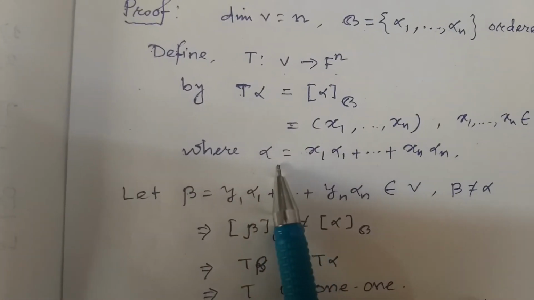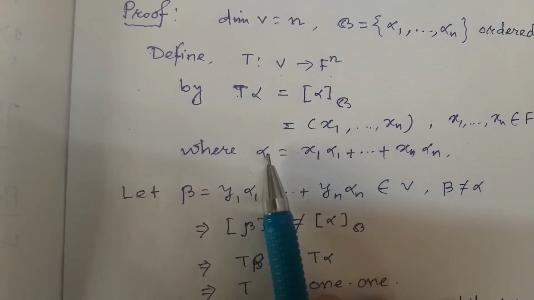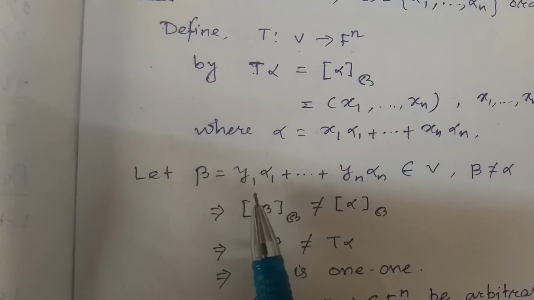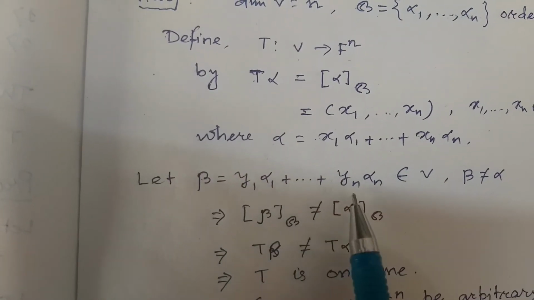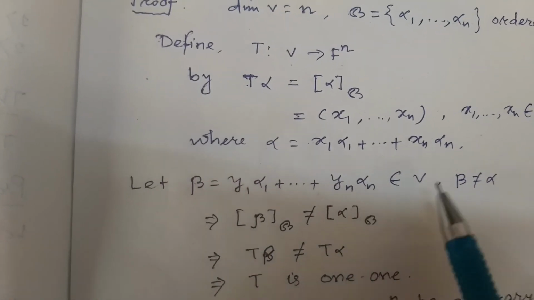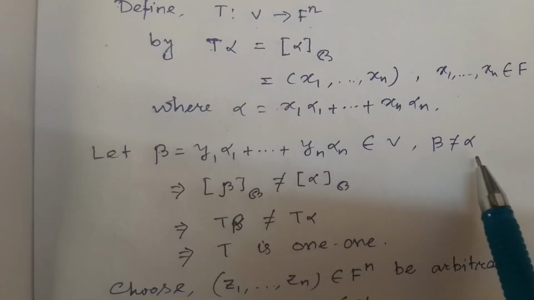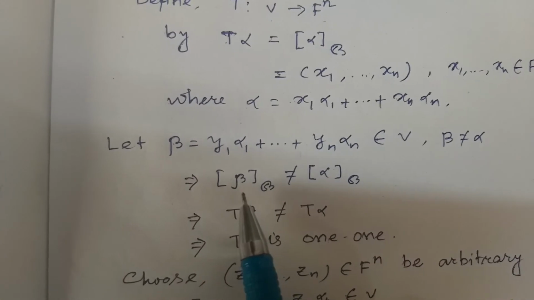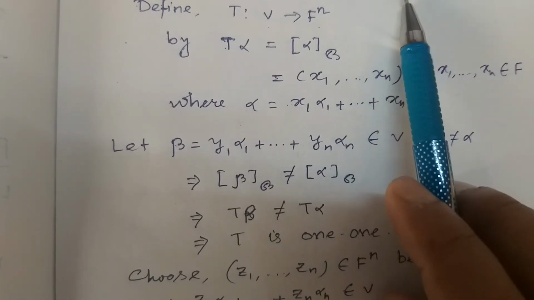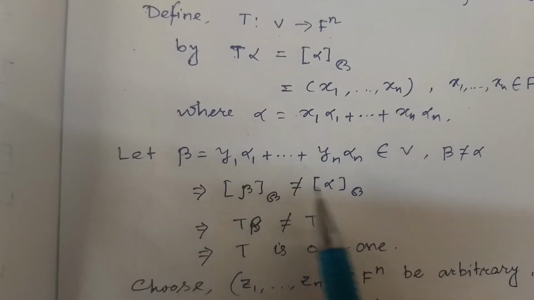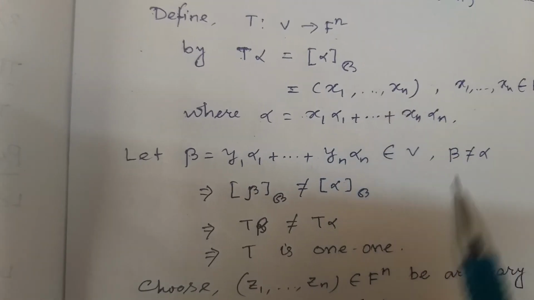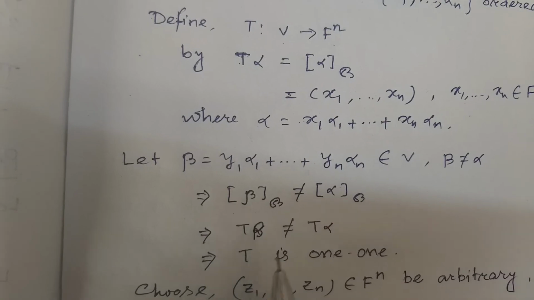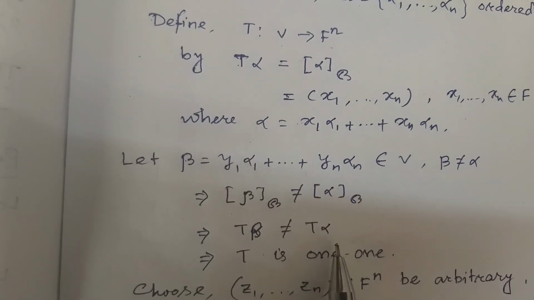Also we know that this representation is unique. Now let beta be another element, y1 alpha 1 plus dot dot plus yn alpha n belonging to V, and beta not equal to alpha. So the coordinate of beta with respect to this basis is not equal to the coordinate of alpha, and since coordinates are not equal, T beta is not equal to T alpha.